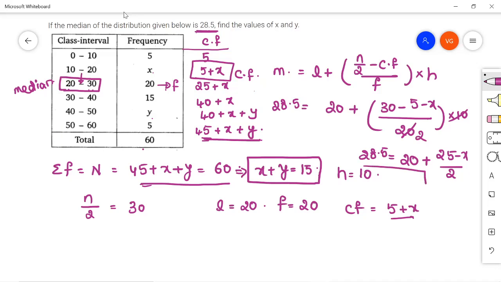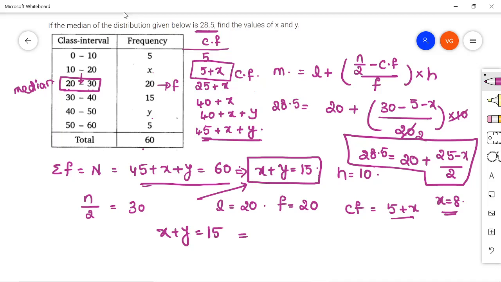If you solve this equation, we'll get the value of x is equal to 8. Once you get the value of x, just put it in x plus y is equal to 15, so that I get the value of y is equal to 7. So the missing frequencies in the given data are x is equal to 8 and y is equal to 7.